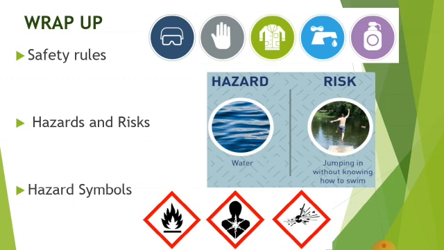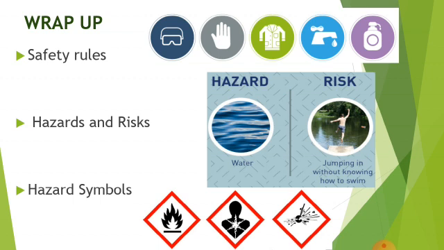Hazards and risks. Hazards are due to the condition, due to any chemical, due to any agent. And risk is when we are exposed to that hazard. Like water is there, it's a hazard that anyone can fall down in that water. But the risk is jumping in without knowing how to swim. It's a big risk. Hazards and symbols.